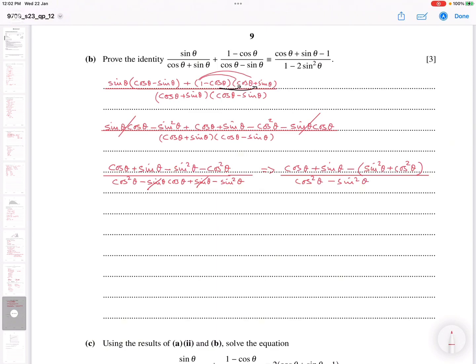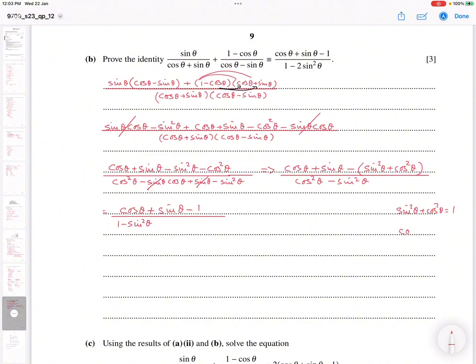Okay, in the numerator now your equation becomes cos theta plus sine theta minus 1 over, in place of cos square theta, can I write 1 minus sine square theta, because we know that sine square theta plus cos square theta is equal to 1.